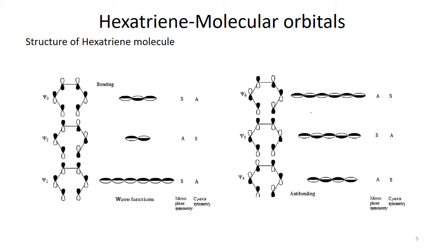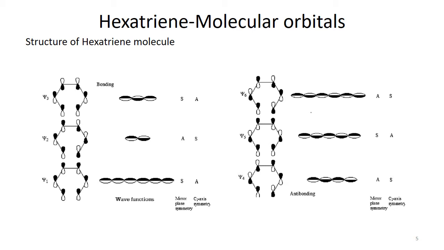But when we talk about psi2, if you put a mirror plane between C3 and C4, then we see that there is an inversion of sign. So this is not symmetric with respect to the mirror plane element. Next comes psi3.